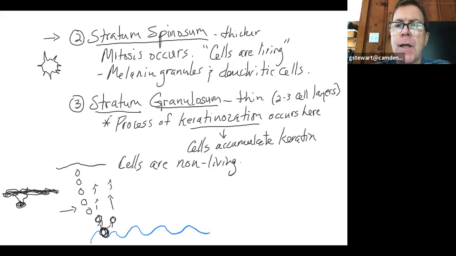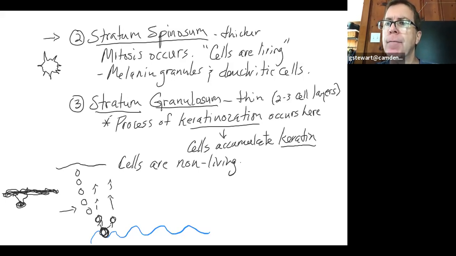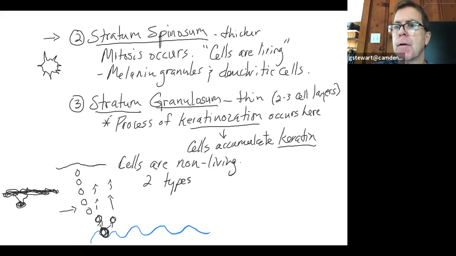Cells are no longer living, but the cytoplasms produce keratin, that tough protein material. So I'm going to write two types of granules. This is where the layer gets its name, that are produced by the cells in this layer. They're called keratohyalin granules.